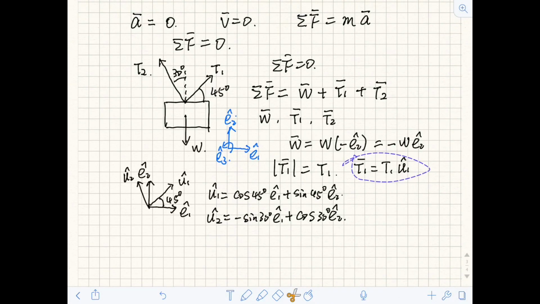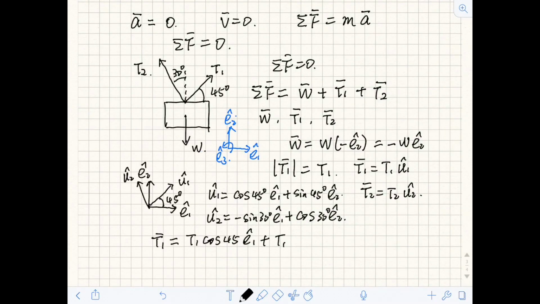Now using the same analogy here, we can write T2 is equal to the magnitude times the direction. Now we can write out the expression for T1 bar and T2 bar, which are T1 cosine 45 E1 plus T1 sine 45 E2.